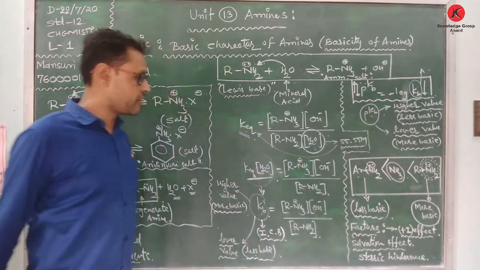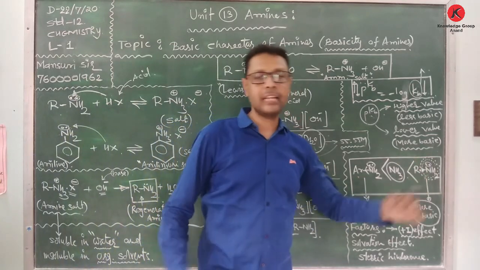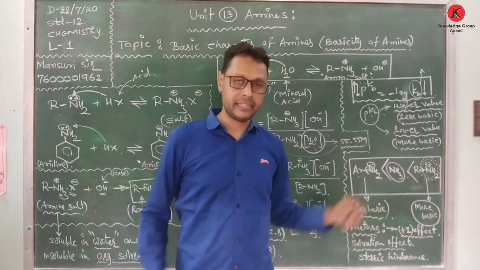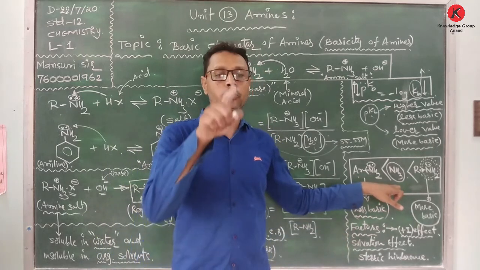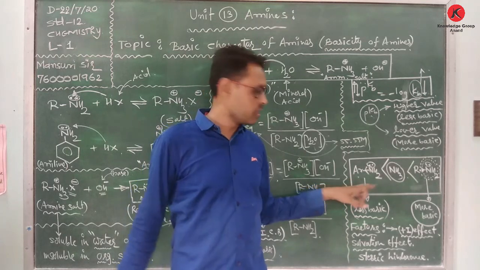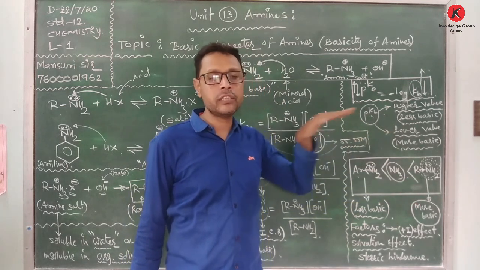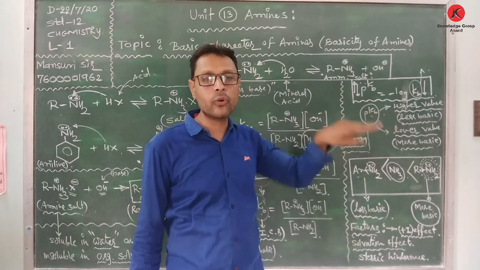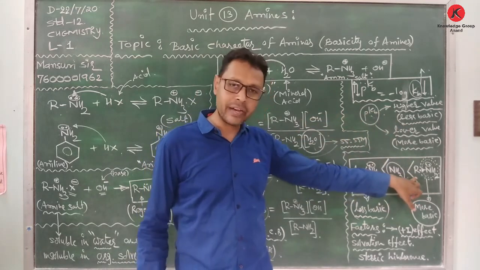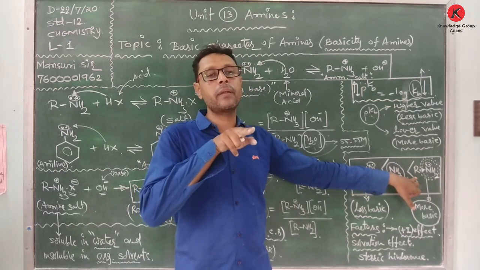Okay. Thereafter, the comparison of alkanamine and arylamine. Alkanamine involves the R group, and arylamine indicates the Ar group. In alkanamine, the alkyl group donates electrons toward the nitrogen. The R group, which is an alkyl group, shows plus I effect.